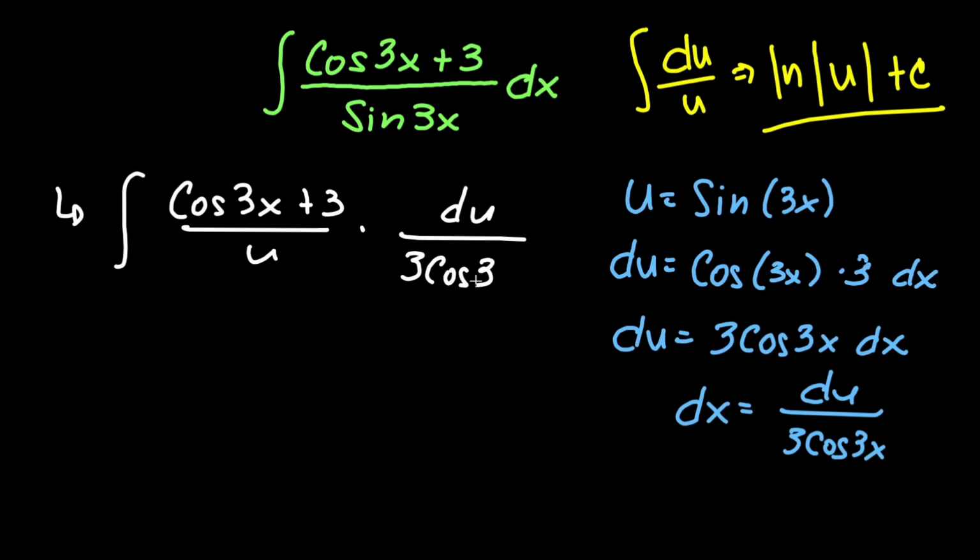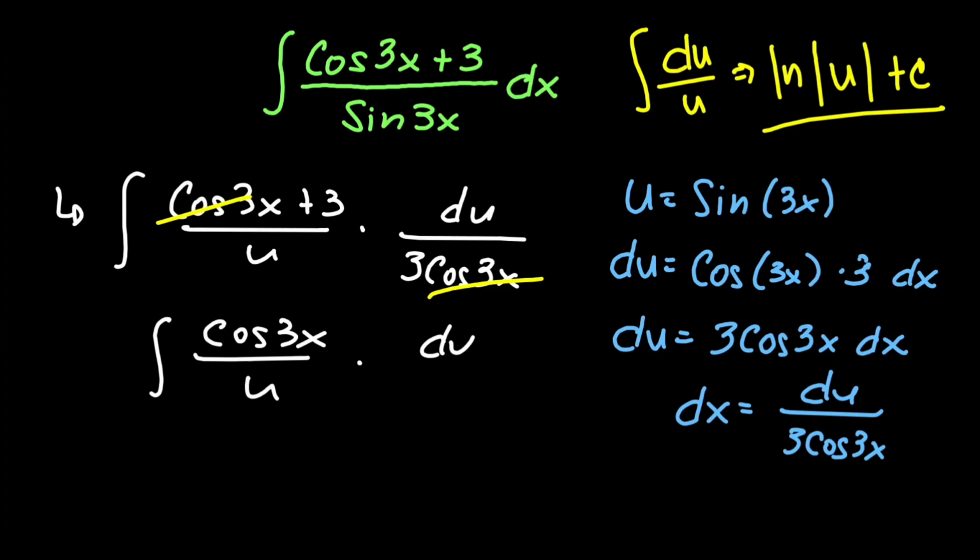cosine 3x. Now, we cannot simply cancel out cosine 3x here because you can see it has a part of plus 3. If only this would be equal to the integral of cosine 3x, you can freely cancel these two, just like the previous problems we have come across.